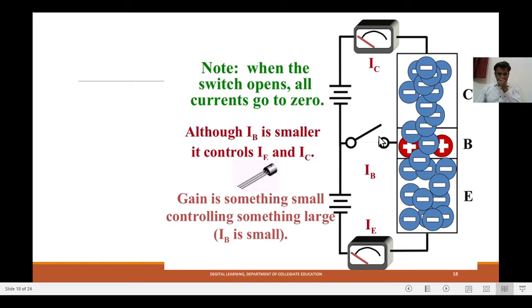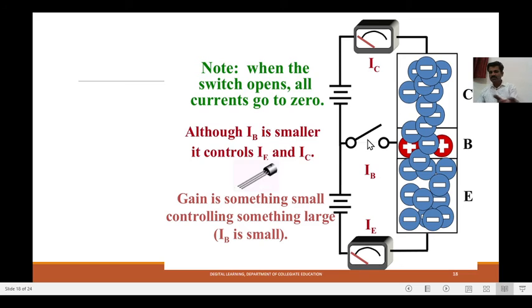Here, when you supply a very small current through the base by adjusting the voltage sources, you can control the base current. If the base current is very low or zero, then the collector current is almost zero and the emitter current is zero.